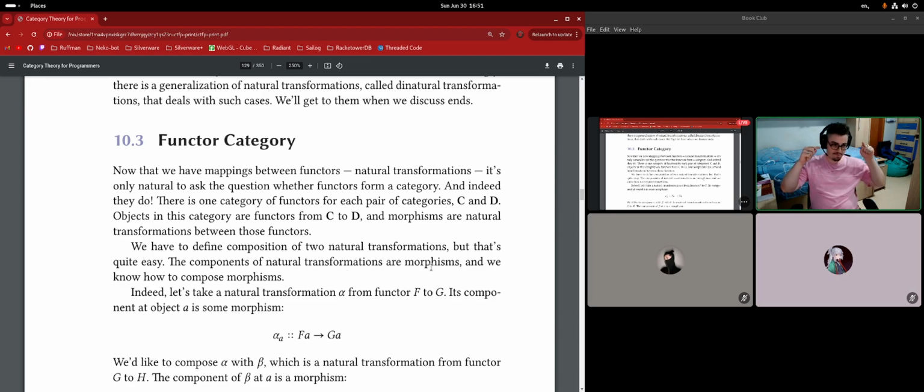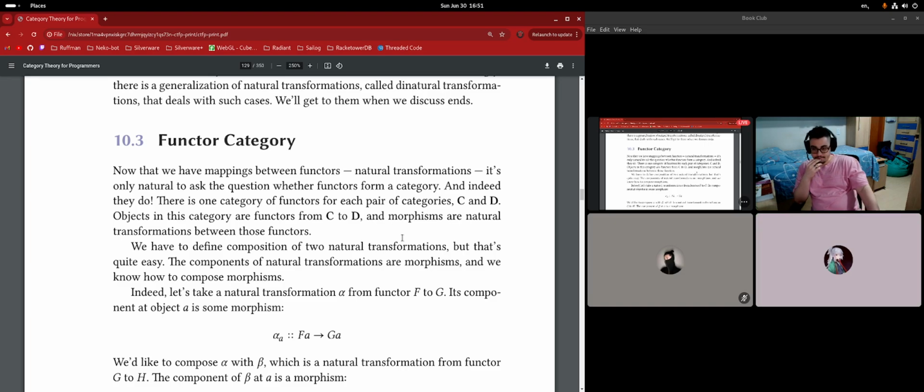Again, if functors are bridging categories, we are now looking at the bridges as if they were objects, because they can be. But the difference, and here's the plot, is that if the functors are the objects, we need morphisms. And what are those? Natural transformations.